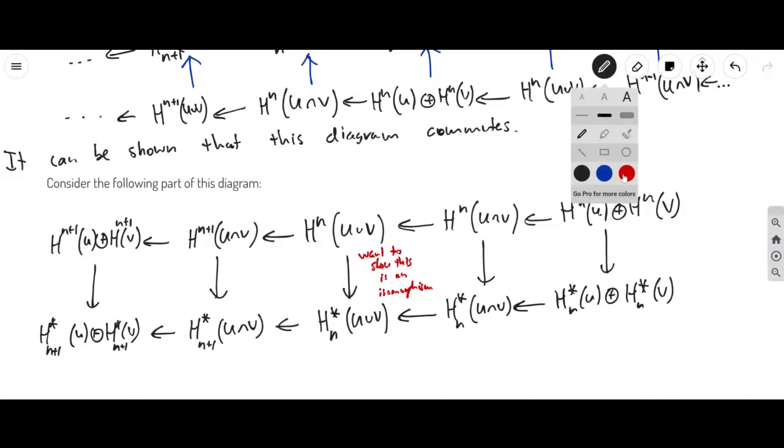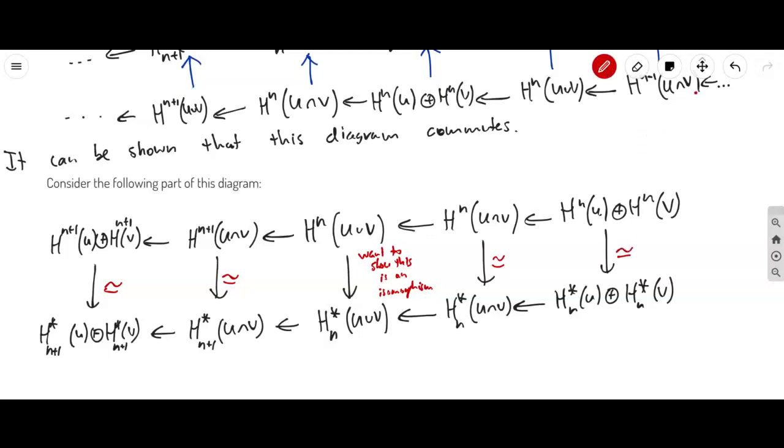Now here's the thing. This one is an isomorphism, because we're assuming that we have an isomorphism on U and V. We're assuming we have an isomorphism on the intersection. So de Rham's theorem is true on the intersection, and it's true on U and V as well.